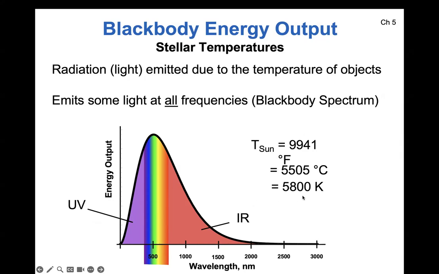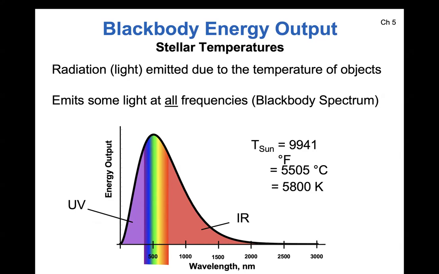And the temperature that gets that peak right in the middle of the visible spectrum is 5,800 Kelvin. So 5,800 Kelvin is the surface temperature of the sun. And the surface temperature is what we care about for the visibility, because that's what we see. We see the surface of the sun. The interior of the sun is much hotter, but that doesn't relate to what we're seeing.